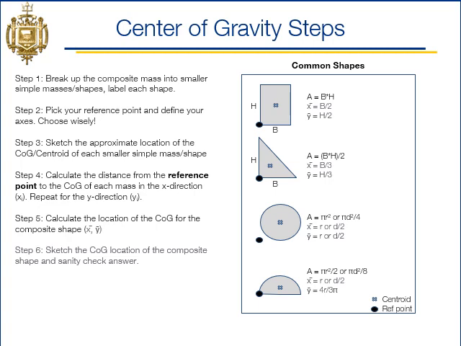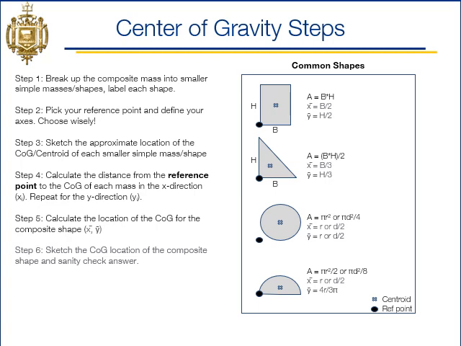All right, step 3, sketch the approximate location of the center of gravity or centroid of each smaller simple shape. Right, so for a rectangle, the location of the center of gravity and the center of area are the same point, at least for this class. All right, then step 4, go ahead and calculate those xi and yi distances from the reference point. Be sure to use the reference point to get those distances and not to move that reference point around.